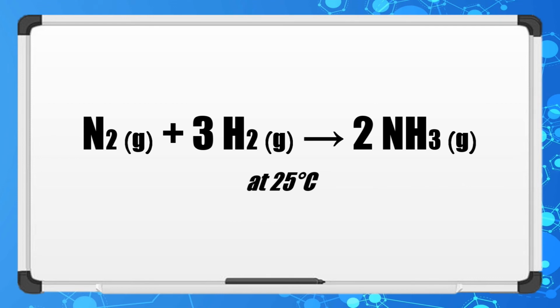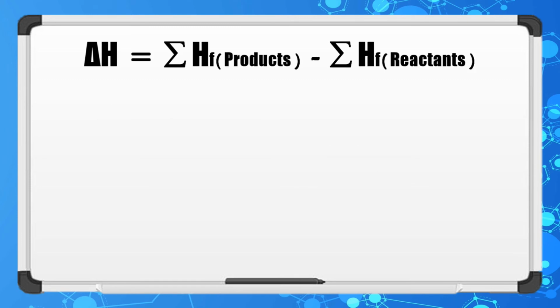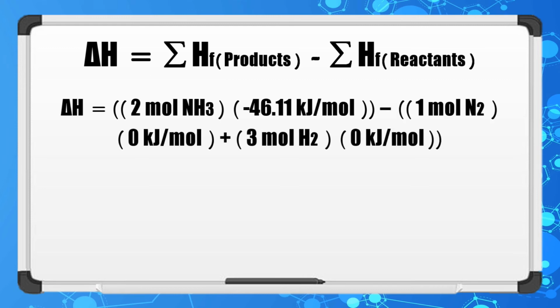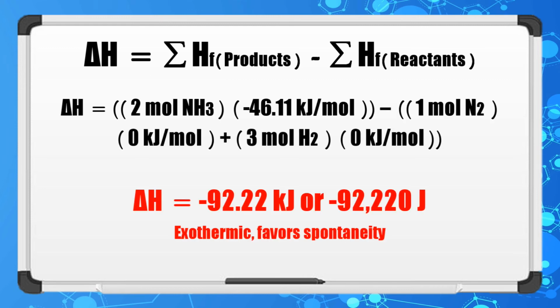Our first step is to calculate the change in enthalpy and change in entropy of the reaction. For delta H, we will use the formula for delta H. Then, substitute the values needed and simplify. Delta H will be equal to negative 92.22 kilojoules or negative 92,220 joules.